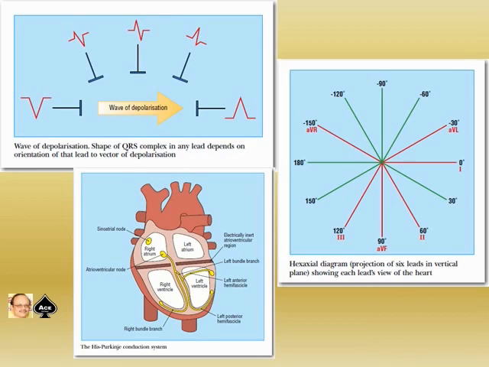The second picture shows the His-Purkinje conduction system, about which some details have already been given in one of the videos. The picture shows the right atrium containing the SA node. The left atrium as such doesn't usually have a natural source of electrical activity, but in pathology it can be an origin.